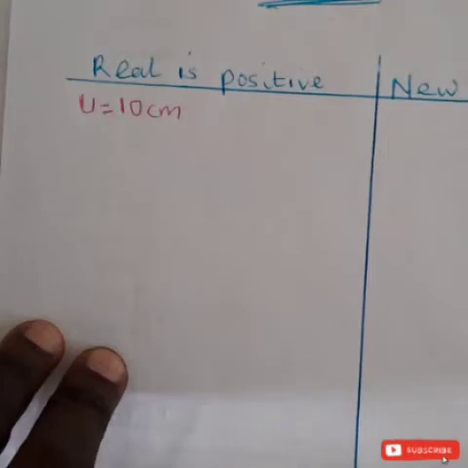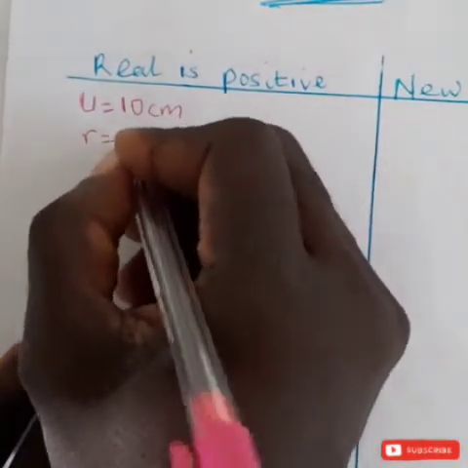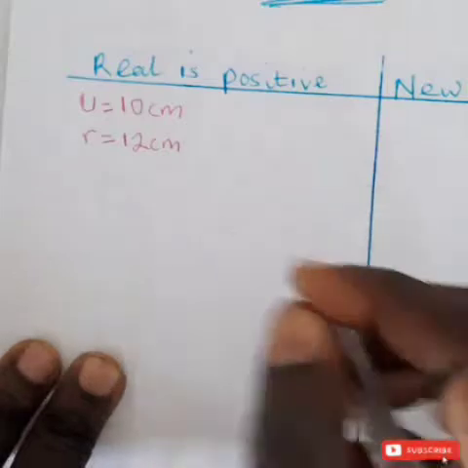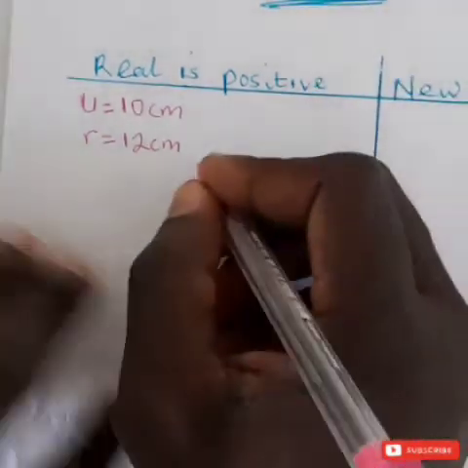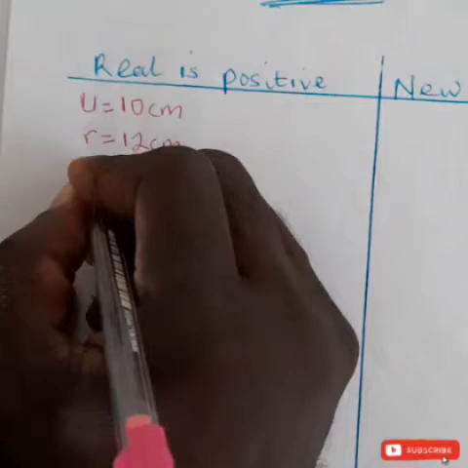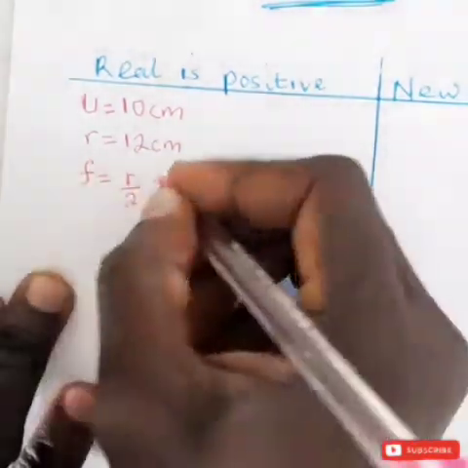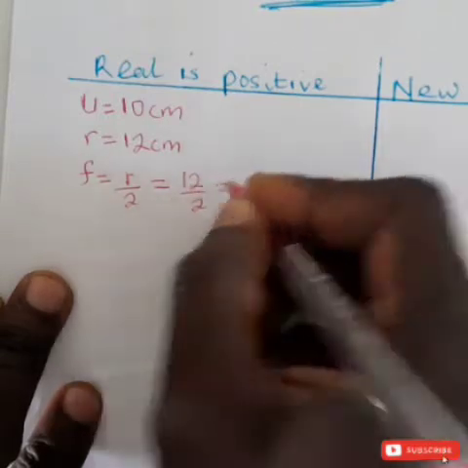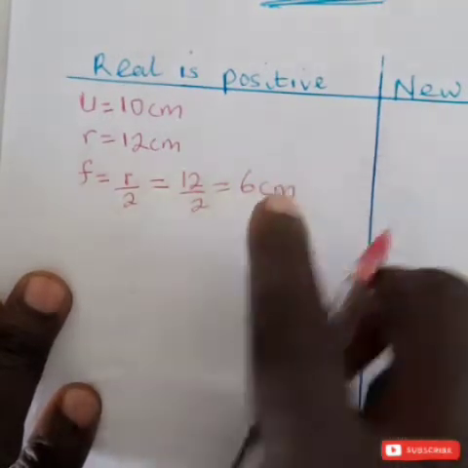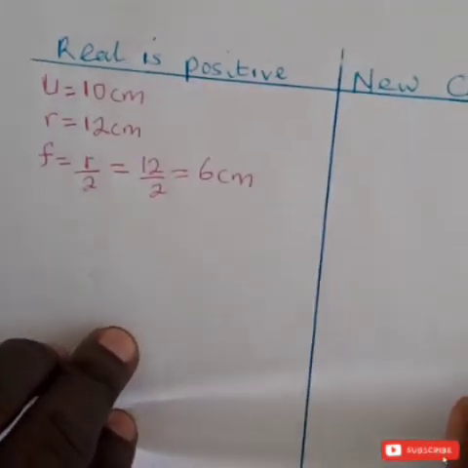The radius of curvature r is equal to 12 cm. So we can get the focal length from this data given. The focal length is equal to r divided by 2, which is 12 divided by 2, which is equal to 6 cm. So the focal length is 6 cm because it is positive.